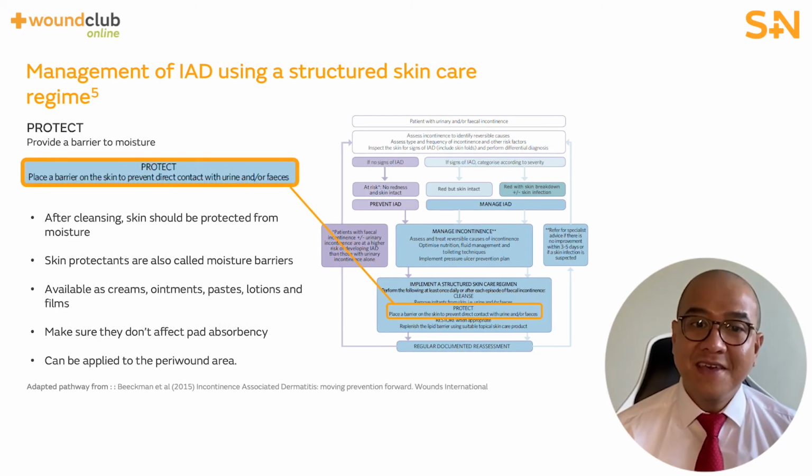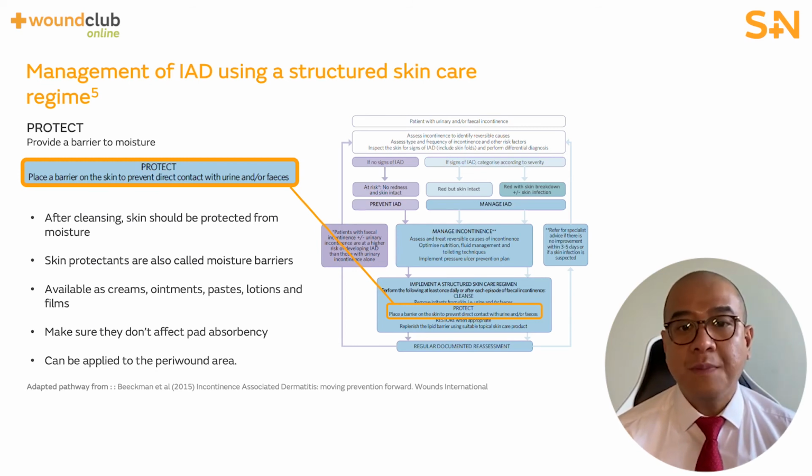After cleansing, the skin should be protected from moisture. Skin protectants, also known as moisture barriers, can come in creams, ointments, paste, lotions, and films, and can be applied directly to the affected skin.